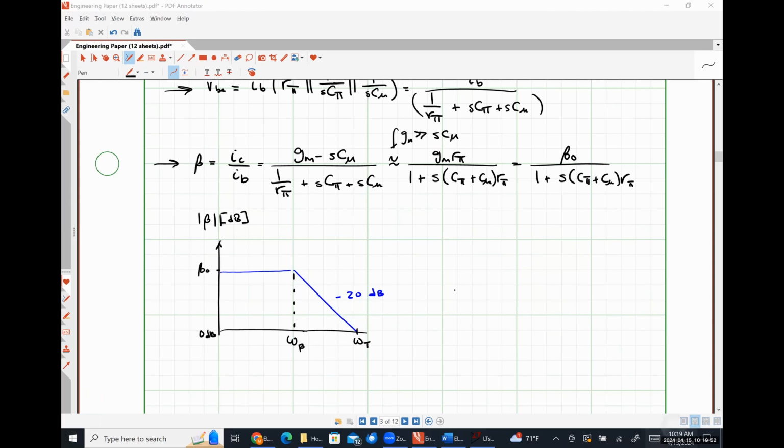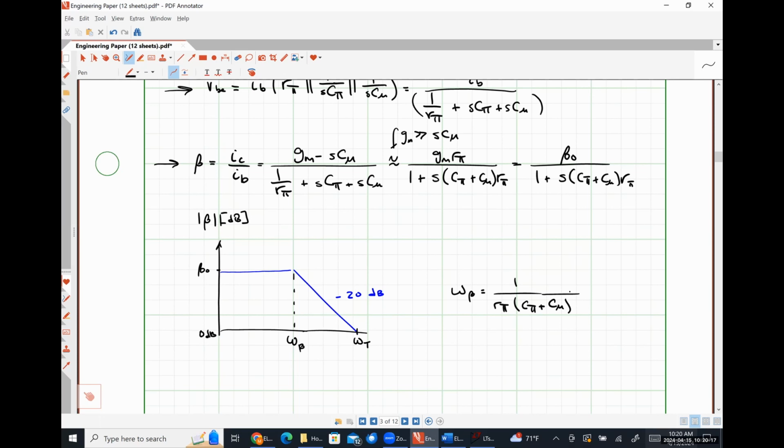So omega B, which is just our pole frequency, is 1 over R pi (C pi plus C mu). So that's our -3 dB frequency where it's rolling off and all of that kind of good stuff.